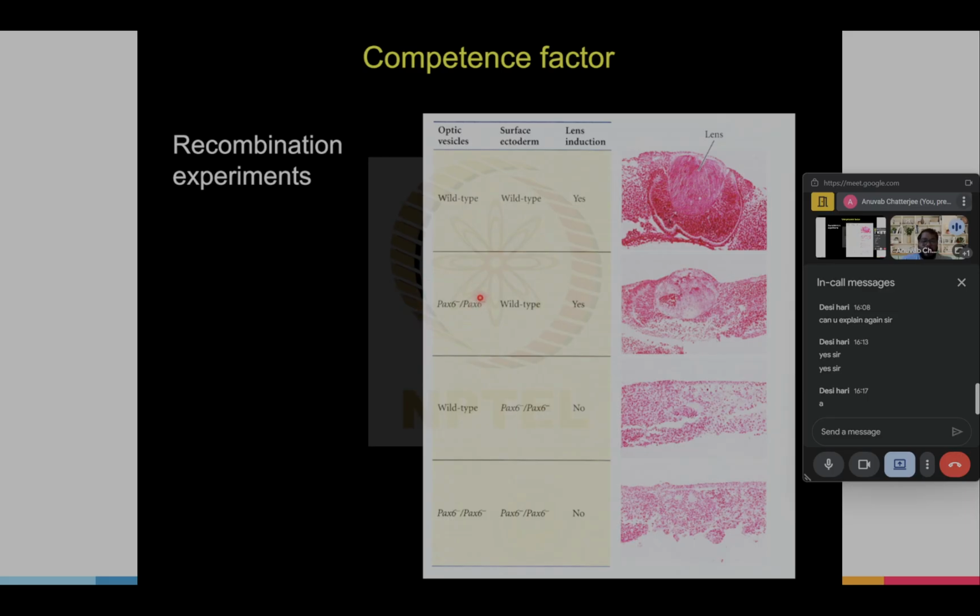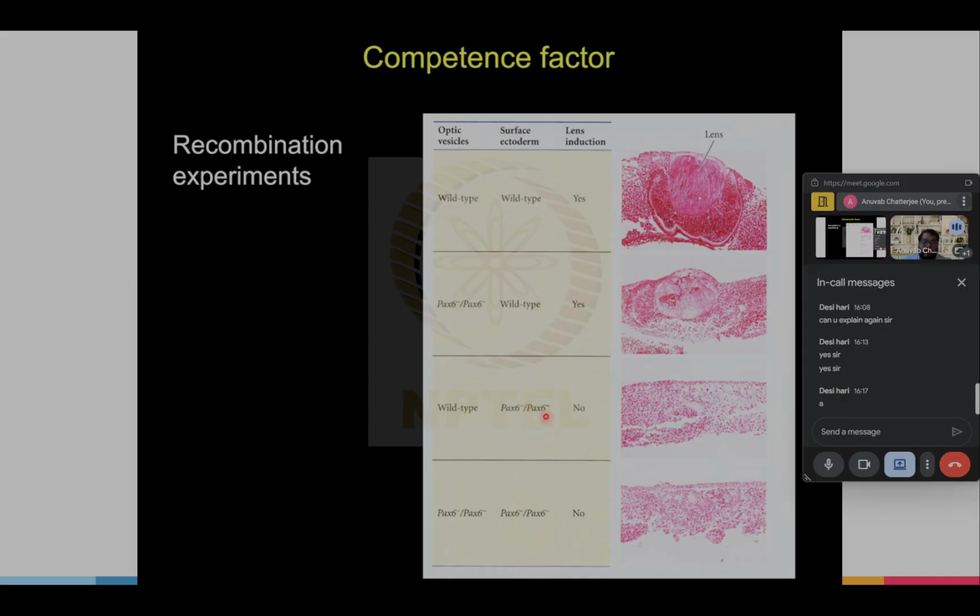When the optic vesicle does not have PAX6, PAX6 minus means it is a mutant for PAX6, but the surface ectoderm is wild type, that is, it already has PAX6 in it, you still have lens formation because it is a competence factor. I only care if it is in the surface ectoderm and working. If it is there and working, then it is competent and will receive the signal from the optic vesicle.